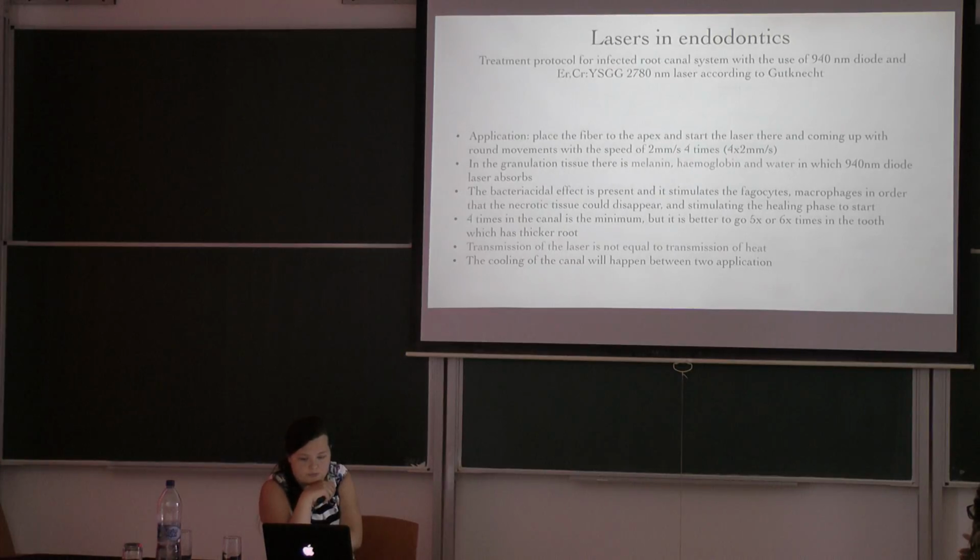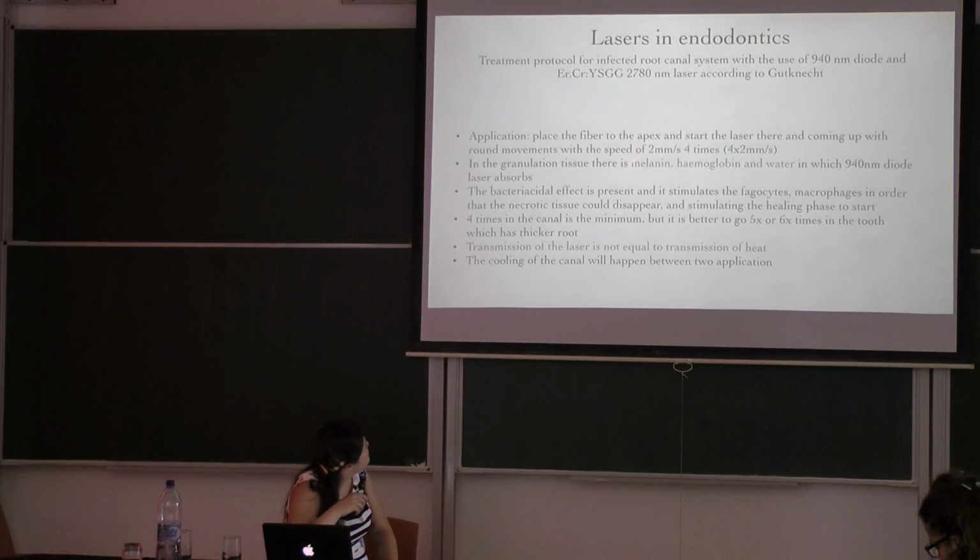What we do is our target tissues, and the target is melanin, hemoglobin, and water. So in this way, we kill everything, we clean everything, and we do it 4 times in 1 canal minimum.